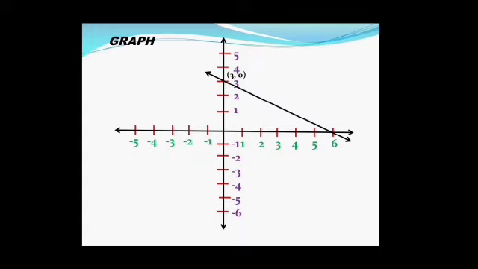As you can see here, student, this straight line cuts the x-axis at point (6, 0), and this straight line cuts the y-axis at point (0, 3), and the rest of the 2 points are (2, 2) and (4, 1). So you can see that when you draw a linear equation in two variables, you get a straight line.